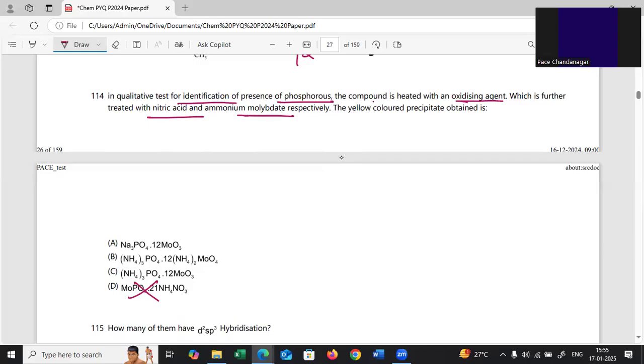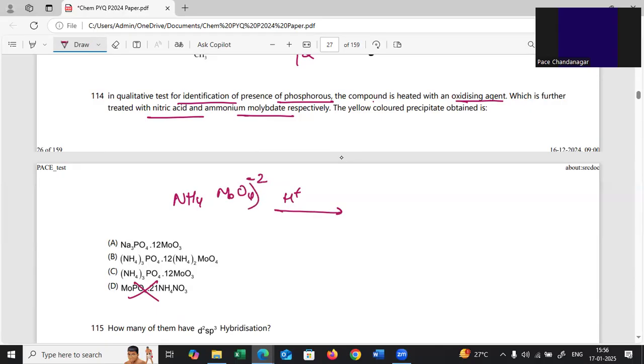Then molybdenum oxide: the compound is heated with an oxidizing agent which is further treated with nitric acid. Okay, from nitric acid H plus will form, and ammonium molybdate also. Ammonium molybdate, I will write first, NH4 plus and then MoO4 minus 2.